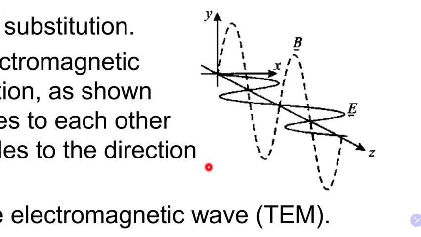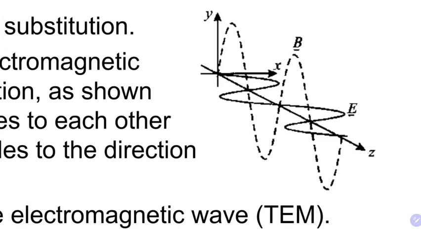Okay, so if the wave is propagating in the z direction, you have an electric field in the x direction, and then the magnetic field in the y direction. So wave propagating in the z direction, E field in the horizontal direction, and then H field or B field in the vertical direction.